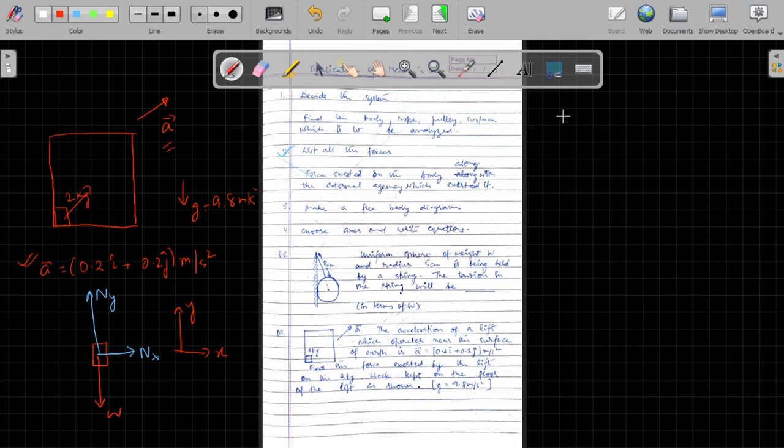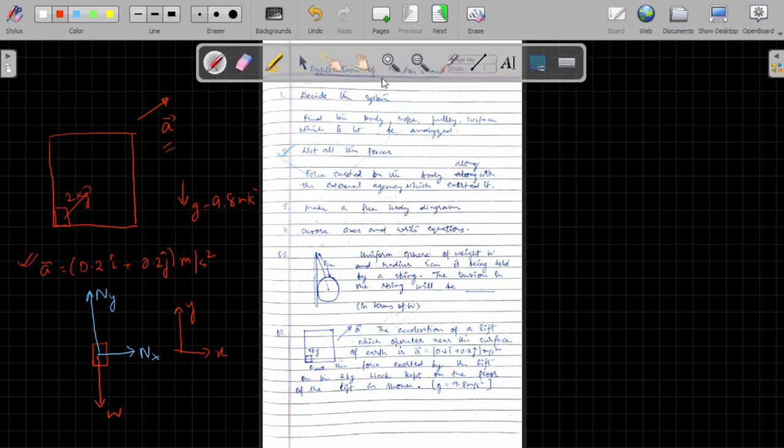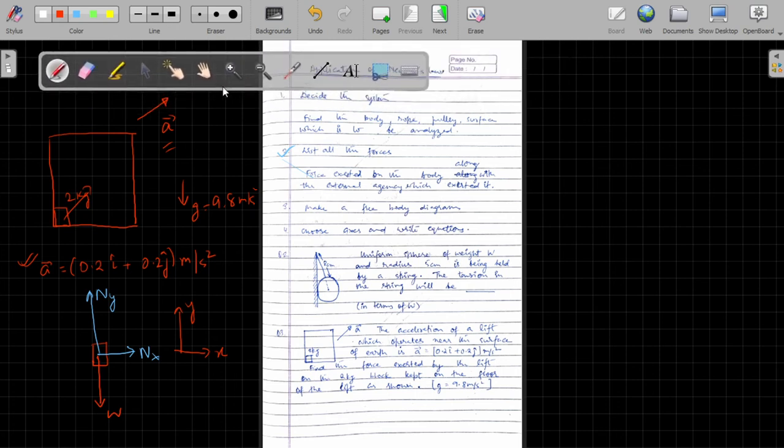Okay, so let us write Newton's second law. Let us write the equations. For all the questions which we are going to do in this particular topic, we are going to write the same equations again and again. That is, the sum of all forces in x direction is equal to max, and the sum of forces in y direction is equal to may.